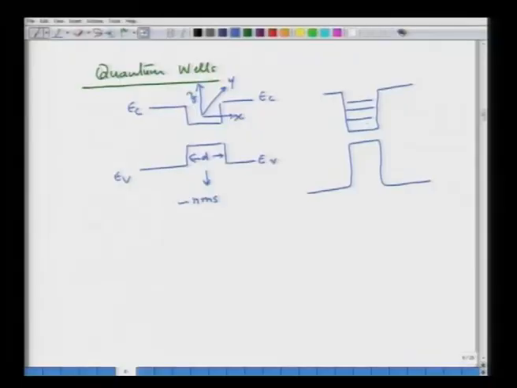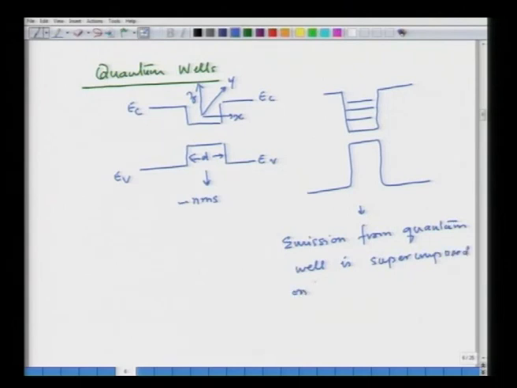The quantum emission from the quantum well is superimposed on the emission of the bulk material.